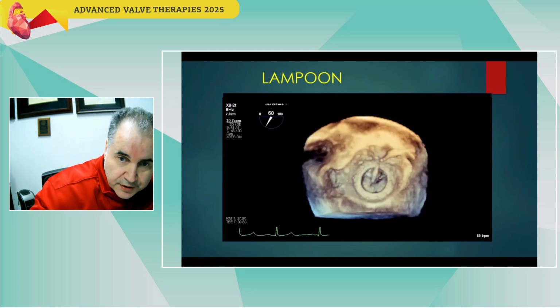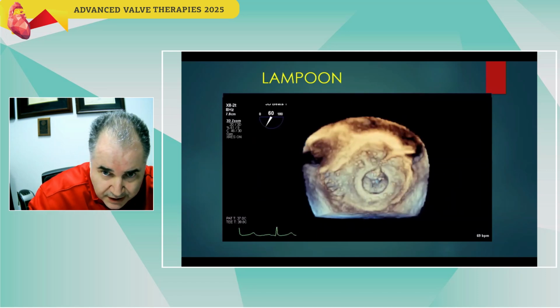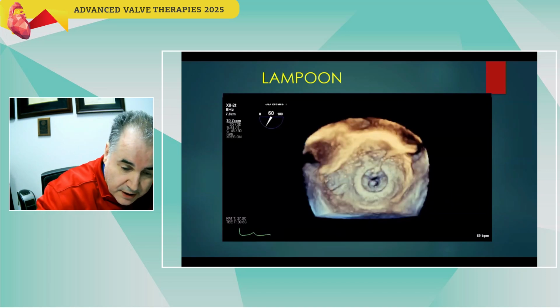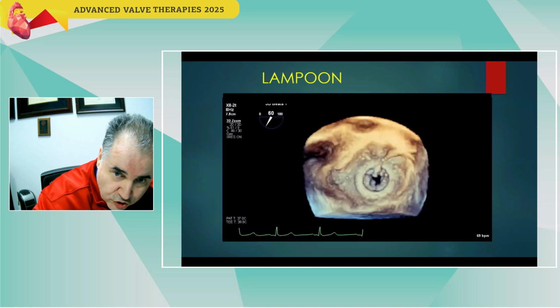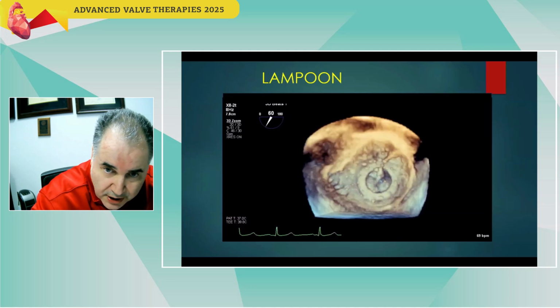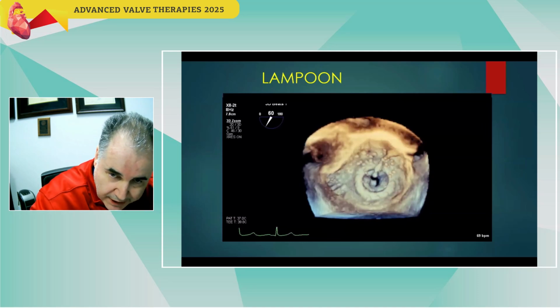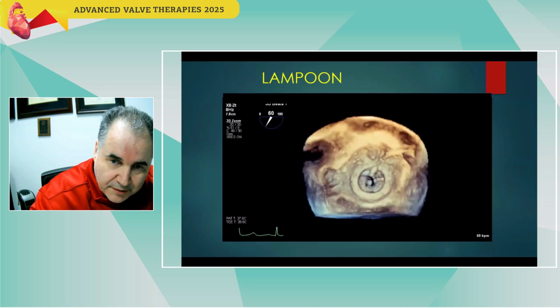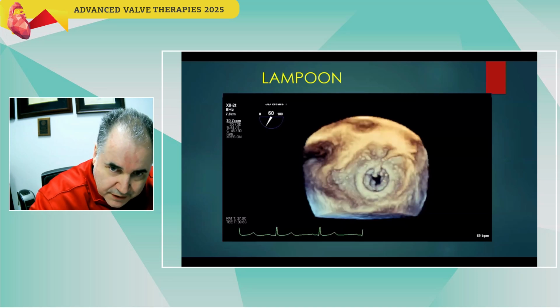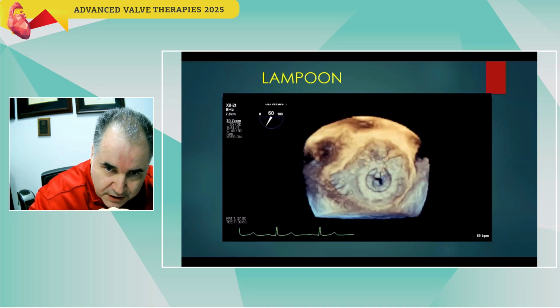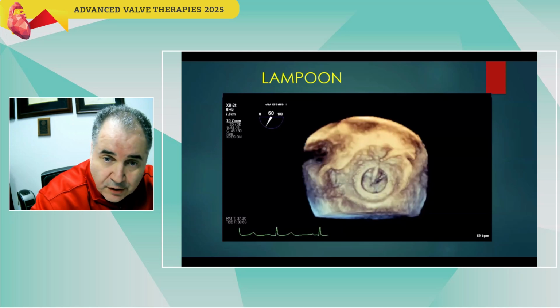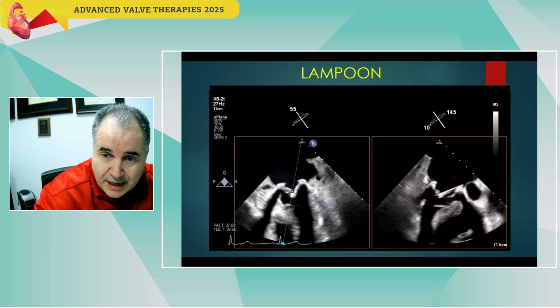This was the anterior leaflet of the prosthesis that you basically try to lacerate, to cause a hole, and then you put the valve-in-valve, and by having this opening of the leaflet, you prevent obstruction of the LVOT, and this is what happened here.